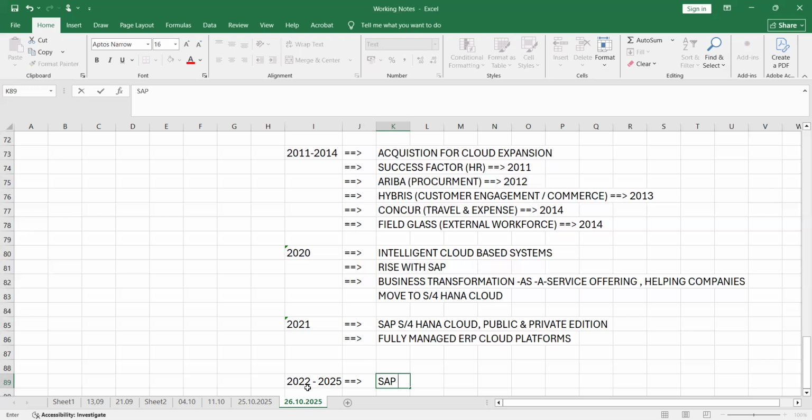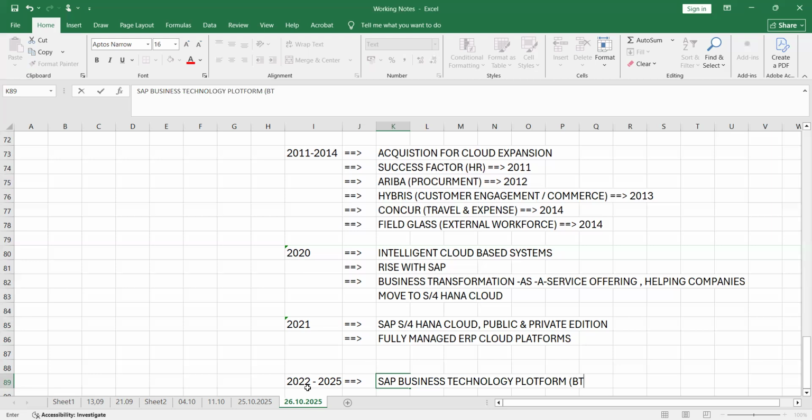What do you mean by that? Business Technology Platform. Remember that you will now use SAP BTP. This is the latest technology platform, and we call it BTP.